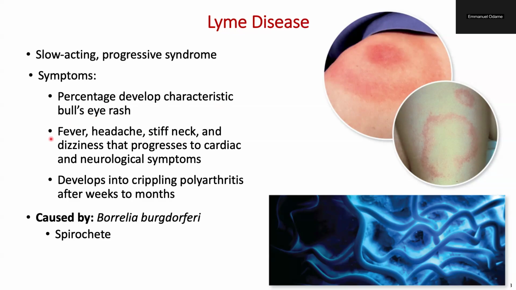Some of the symptoms of getting this disease include fever, headache, stiff neck, and dizziness. In some cases, it will progress to cardiac and neurological symptoms. It develops into crippling polyarthritis, and after 2 months it gets more severe. It's caused by Borrelia burgdorferi, which, as you can see here, has a spiral shape.